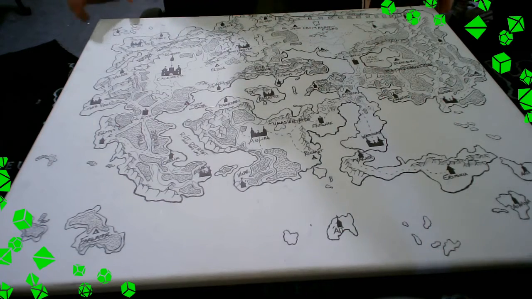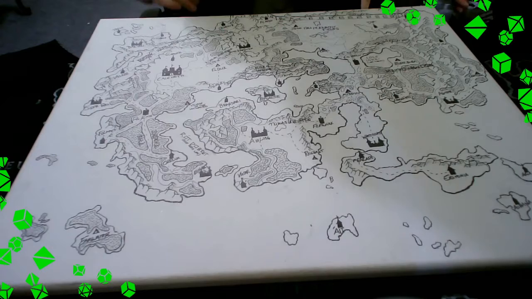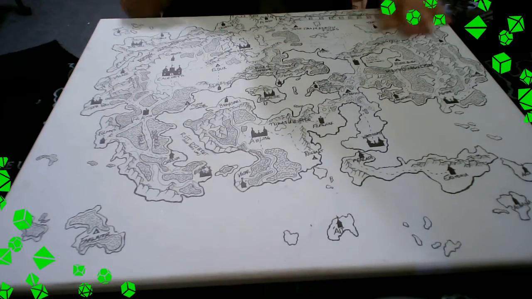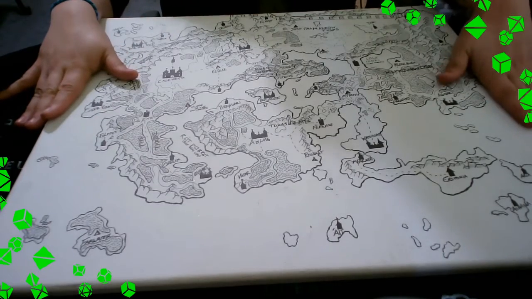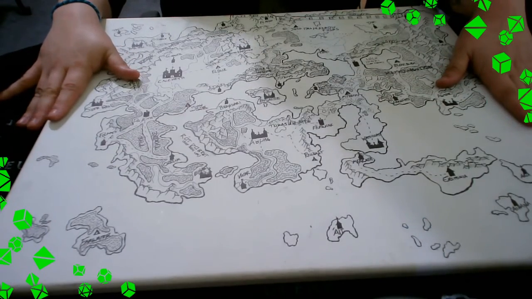Alrighty, so I'm going to go ahead and show you two different types of maps that I have here. The first one is a map on canvas marked out with pen.